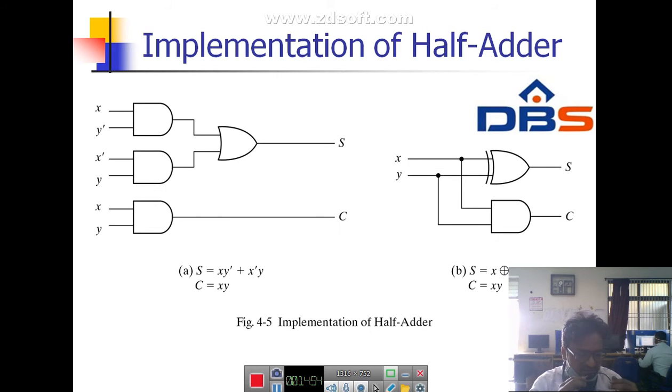So the basic concept of the decoder. A decoder is a multiple input and multiple output logic circuit that converts the coded inputs into coded outputs. The general structure of a decoder is shown in this diagram.